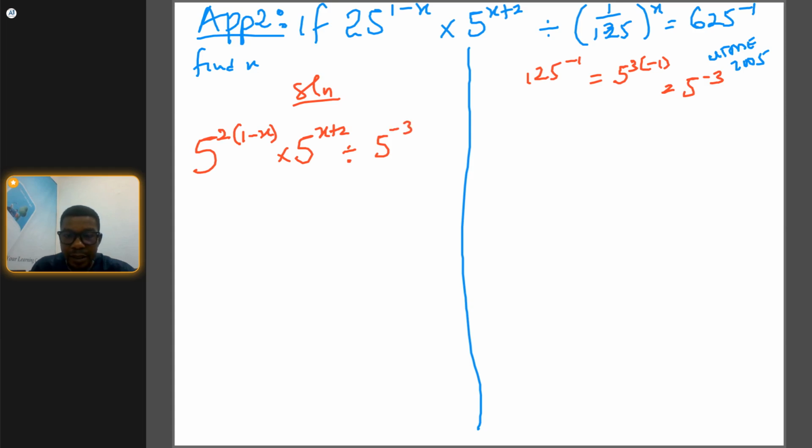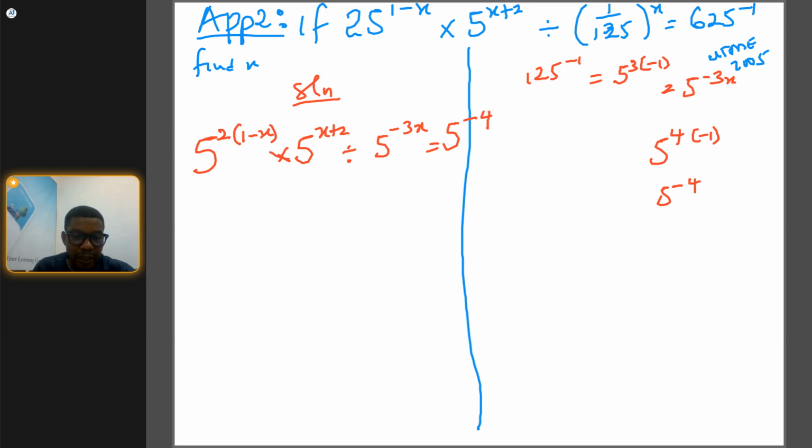All right, then there's an x we have outside, so let's have the x beside it. So that will be minus 3x, equals to 625, which is 5 raised to power 4, bracket minus 1, which is 5 raised to power minus 4.